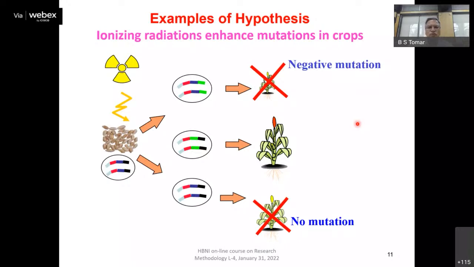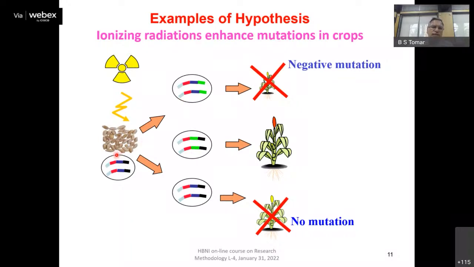Now, if you have to test this hypothesis, what you have to do? So here, what is the cause? Cause is the radiation dose. You give radiation, gamma irradiate the seeds with gamma rays, and the effect is you see whether the crops that you get out of these seeds have mutations in them or not.